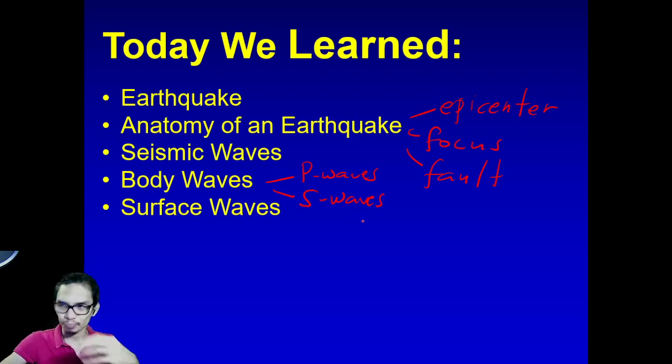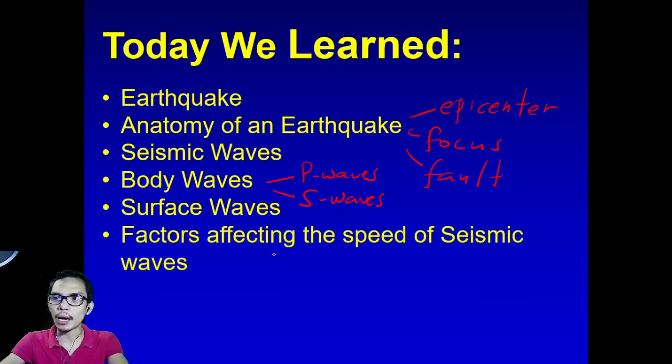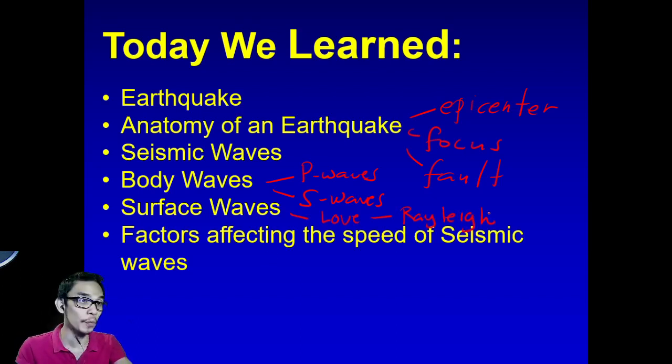All right, so P waves are longitudinal waves. S waves are transverse waves. Next one, the surface wave is divided into two. So we have Love waves and the Rayleigh waves. Right? So these are the two kinds of surface wave.